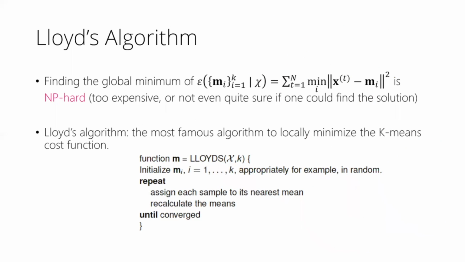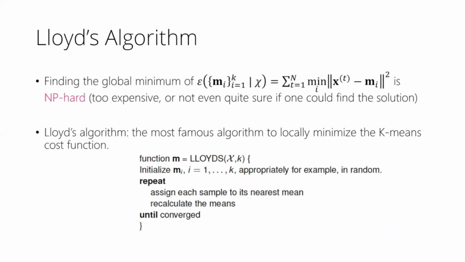Now, solving this is actually an NP-hard problem. So if you're not familiar with computational complexity theory, NP-hard means it is very, very expensive, and there's no known algorithm that is guaranteed to give the optimal solution.